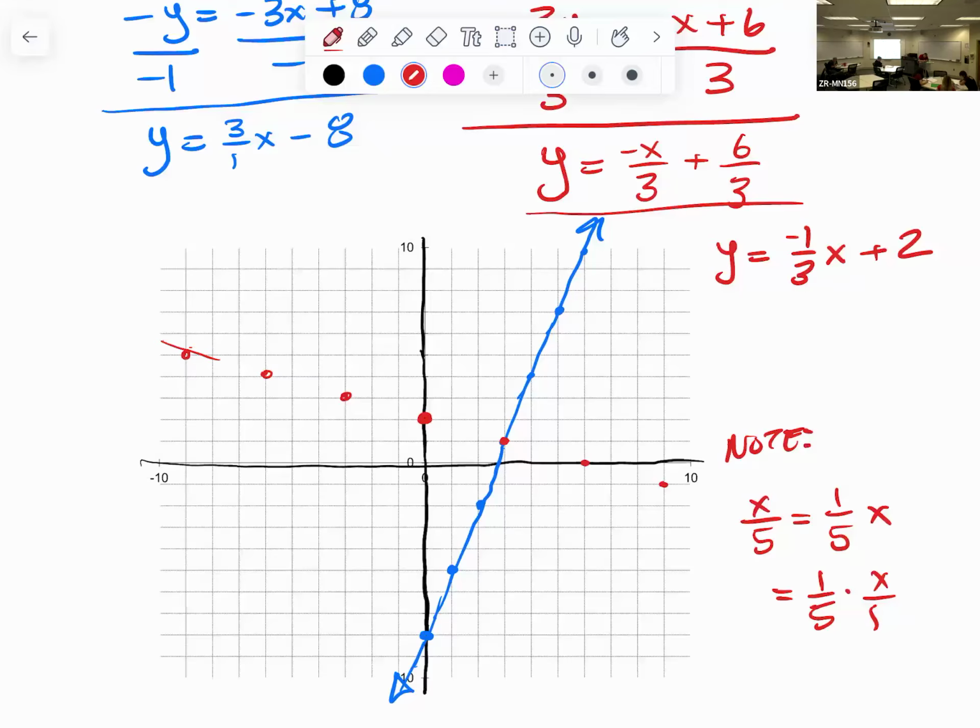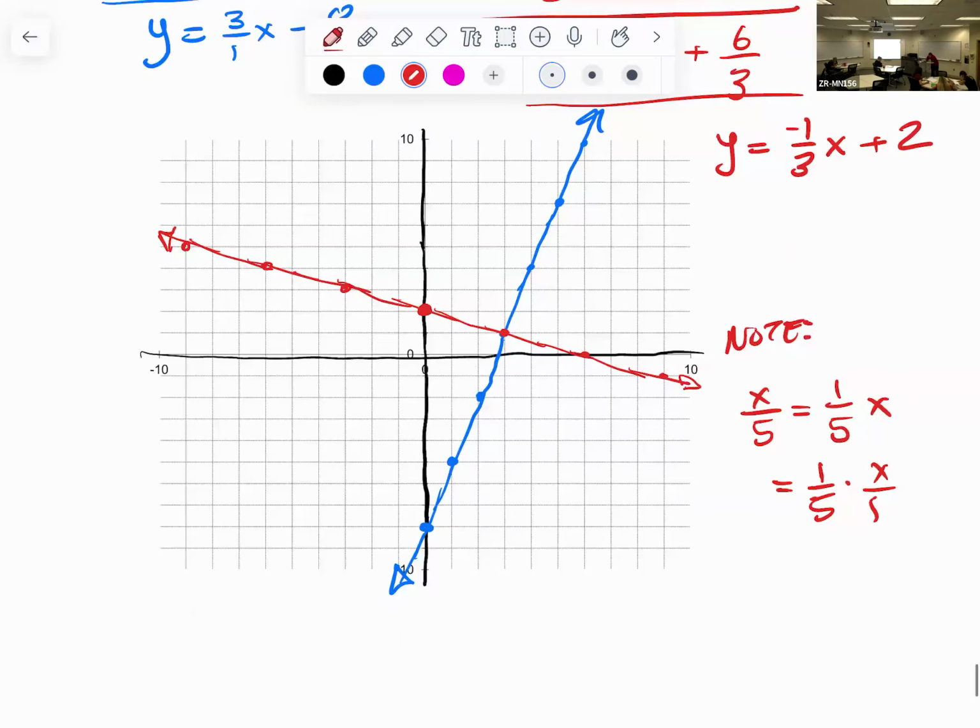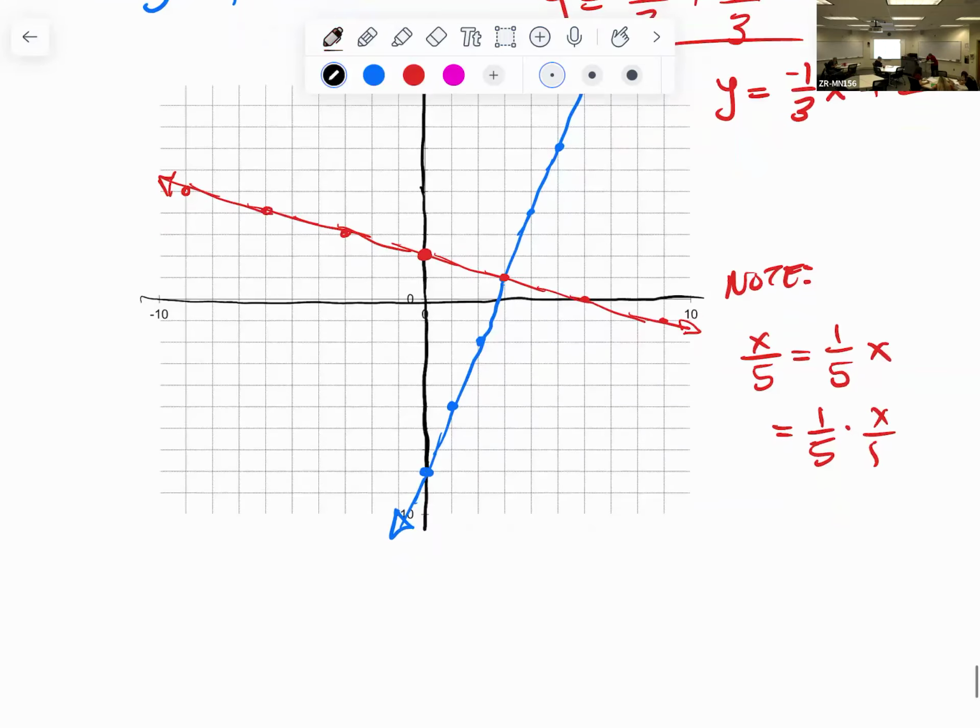They intersect where? At 3, 1. Absolutely correct.